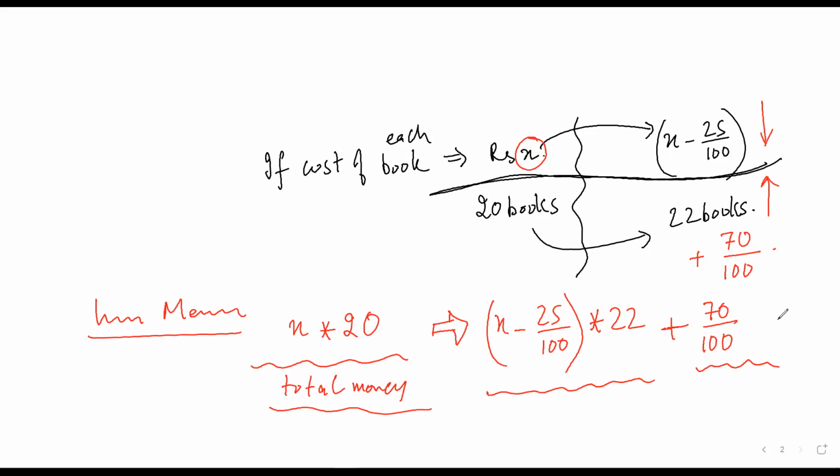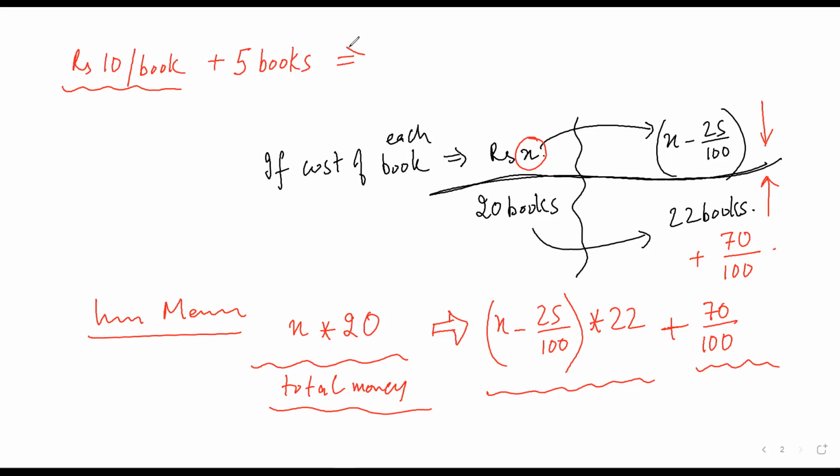Yes, sir. See, let me take an example. Maybe this will make more sense now. Let us assume the cost of each book is rupees 10 per book. And let us keep things simple. Let us assume you are able to buy 5 books.